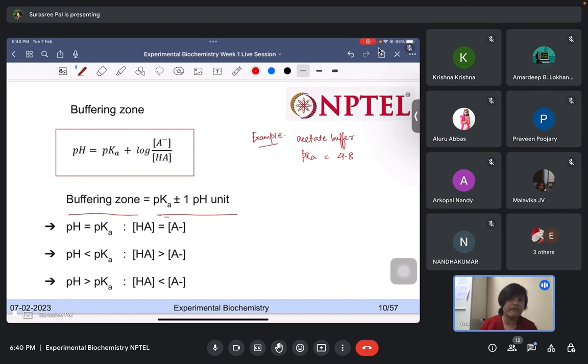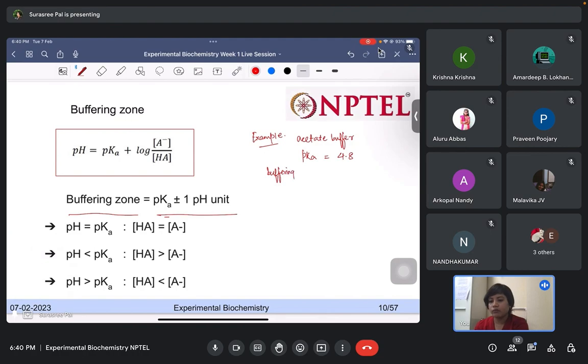So the most effective range of buffering action is the buffering zone. Okay, and I told you that the buffering zone is pK plus minus 1 pH unit. Now from where do we infer that? So before discussing that, let's first discuss what will be the buffering zone of the acetate buffer.